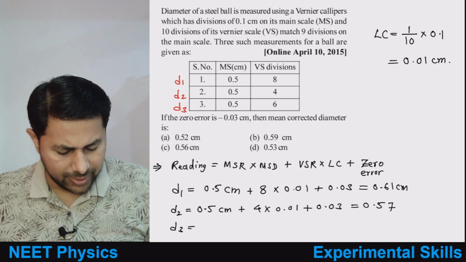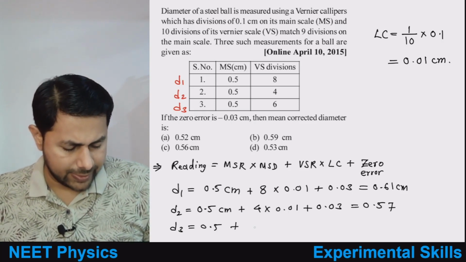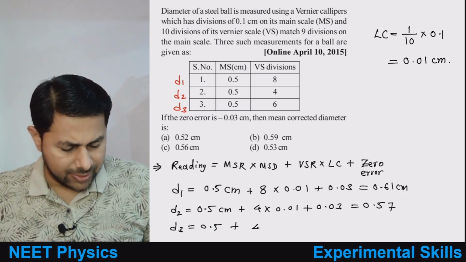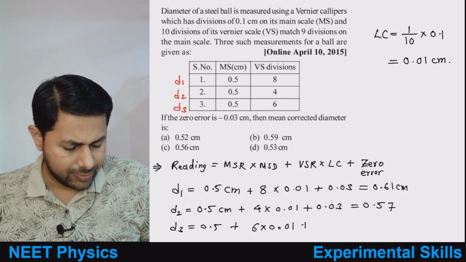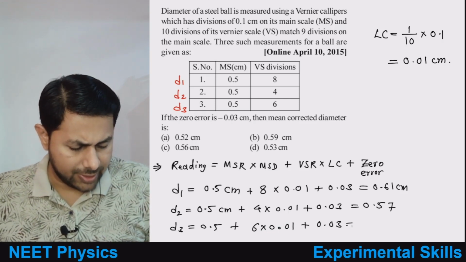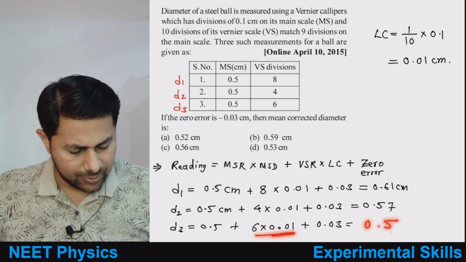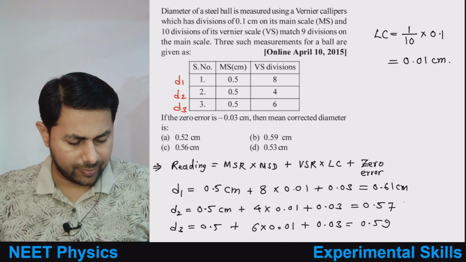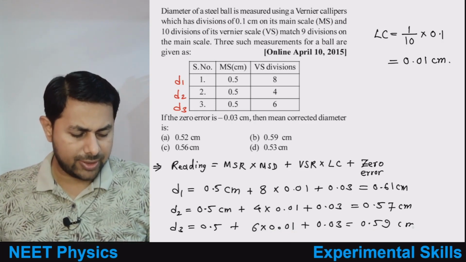And D3 is 0.5 plus 6 times 0.01 plus 0.03, so it is equal to 0.59 centimeters. So you got three readings.